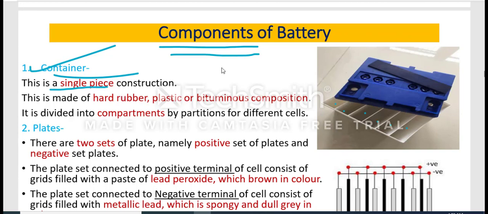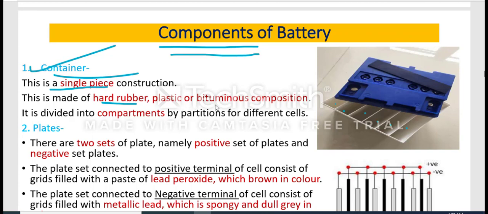If it is a 6-volt battery, then 3 compartments are there. If it is a 12-volt battery, then it has 6 compartments. The materials used for manufacturing the container are hard rubber, also known as ebonite. Molded plastic of bituminous material is also used.